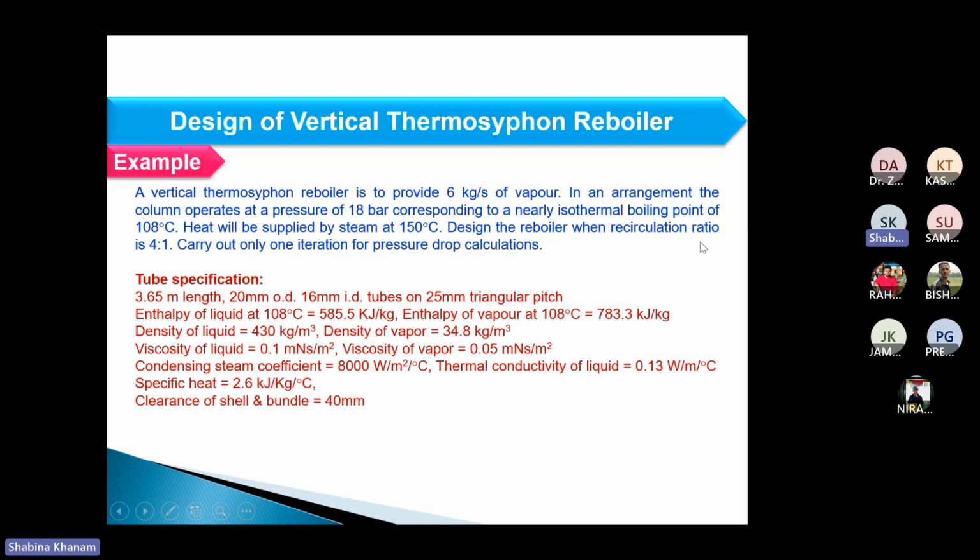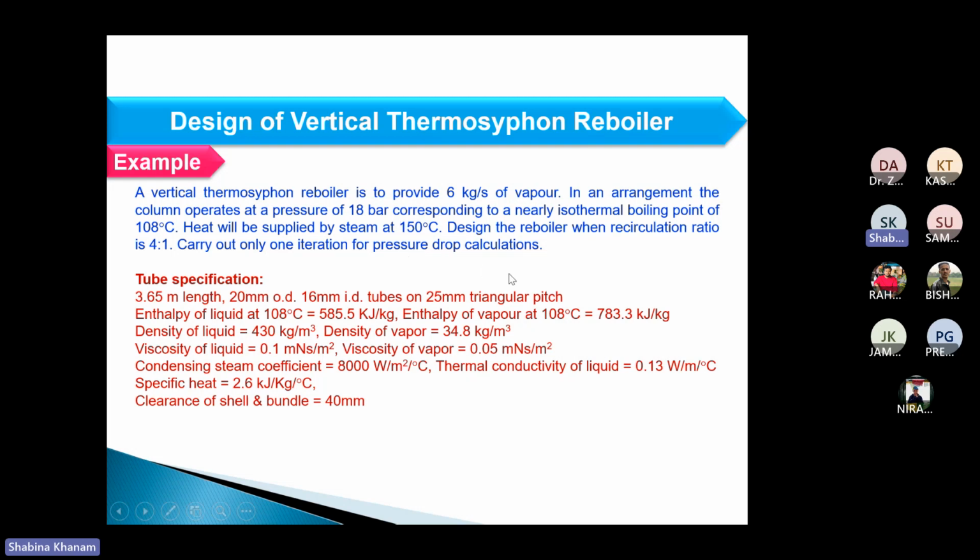You remember that when we consider a vertical thermosiphon reboiler, the boiling will occur only in the tube side, not in the shell side. If it is horizontal, that will be only in the shell side, right? So in the tube side we have isothermal condition. The heating media we consider as the steam, which is also a single component, and that is available at 150, so that is also an isothermal condition.